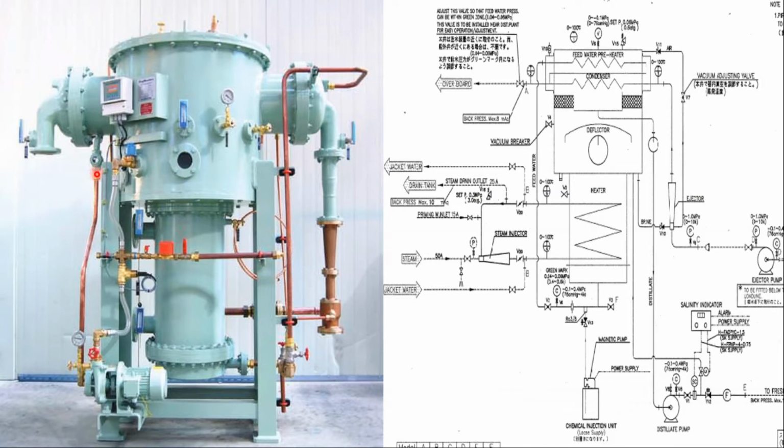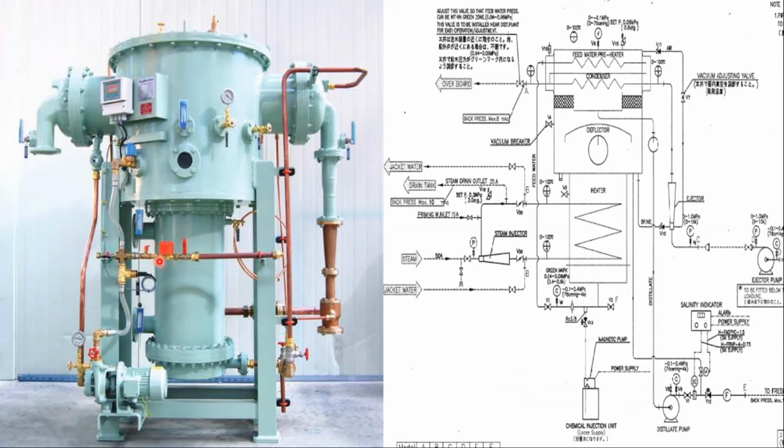This line goes to the suction of the distillate pump, which takes the generated freshwater. This is the sight glass. This is the distillate pump. Its discharge goes to the freshwater tank through the flow meter, and one attachment also goes to the shell of the freshwater generator, and here you can see the solenoid valve which is electrically controlled.